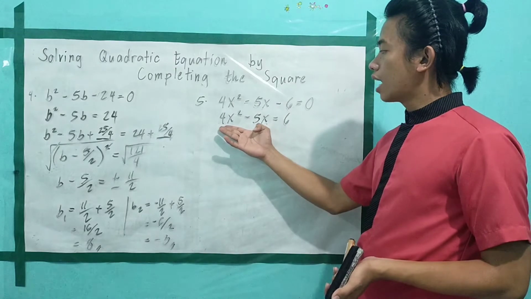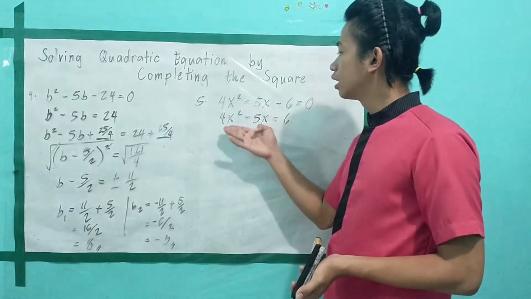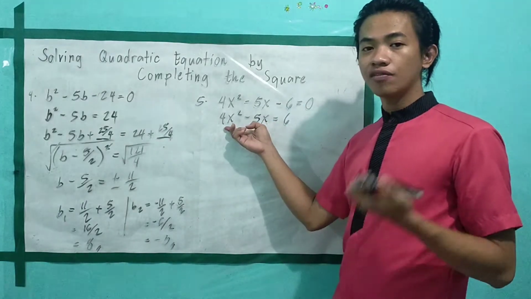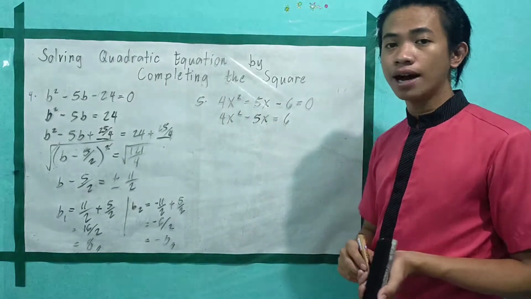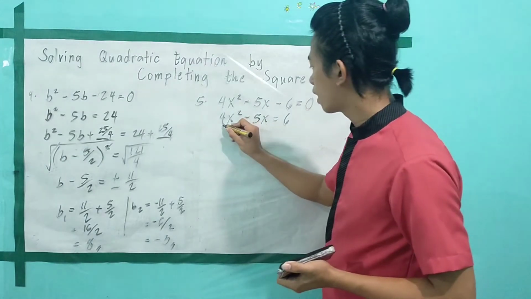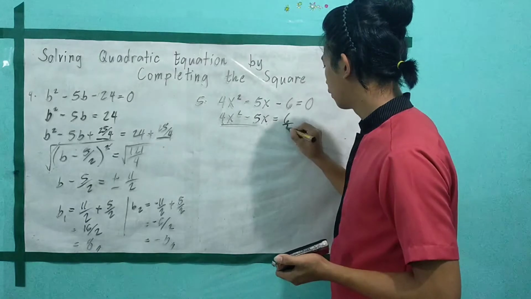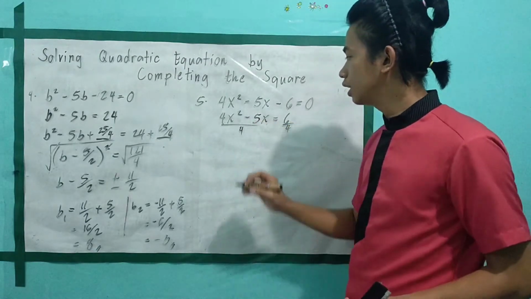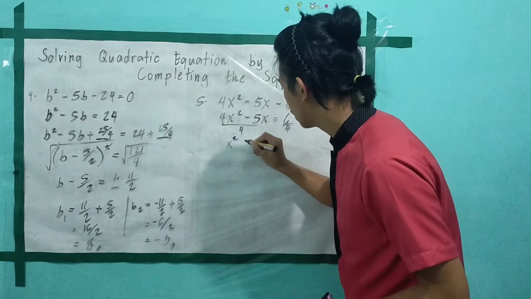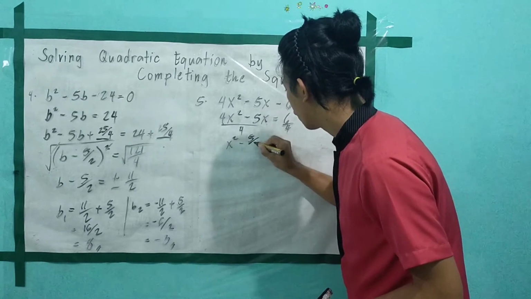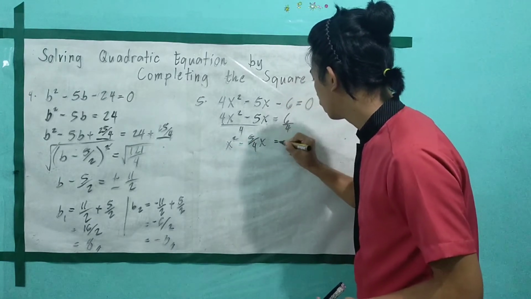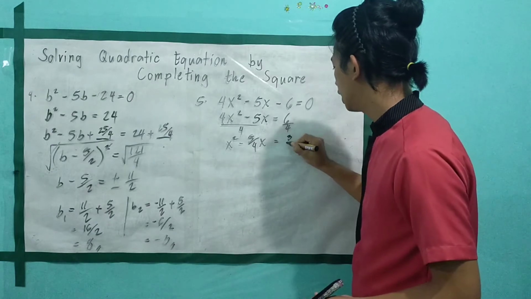Next, gawin muna natin siyang 1 yung numerical coefficient ng ating x squared. So, divide na lang natin siya both sides by 4. So, magiging x squared less 5 over 4x is equal to 3 halves.